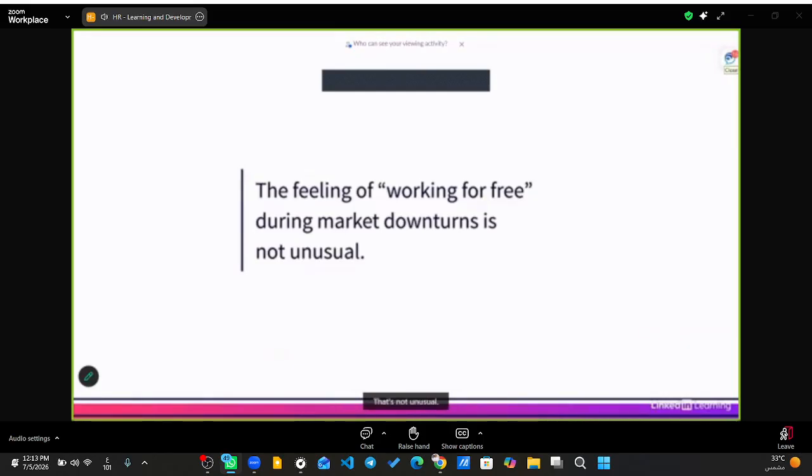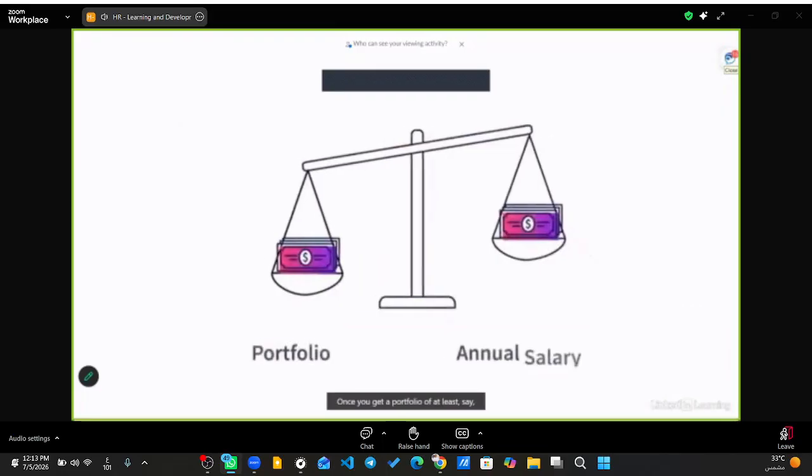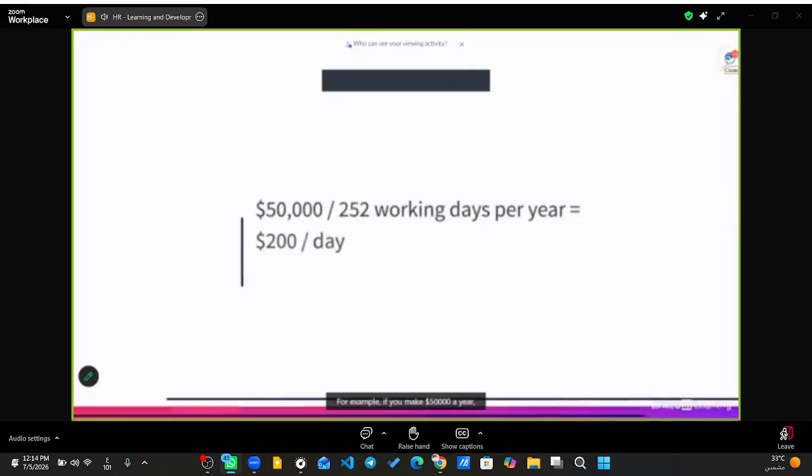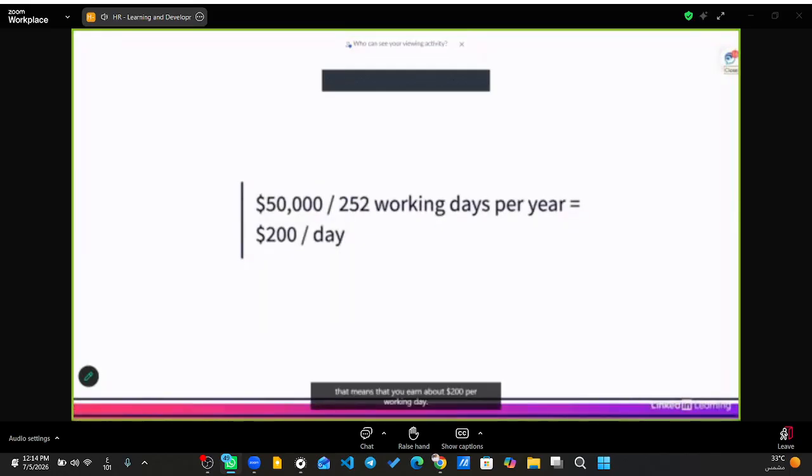That's not unusual. Once you get a portfolio of at least, say, 1 times your annual salary, there probably will be days that you're working for free. For example, if you make $50,000 a year, that means that you earn about $200 per working day: 50,000 divided by, say, 252 working days per year.